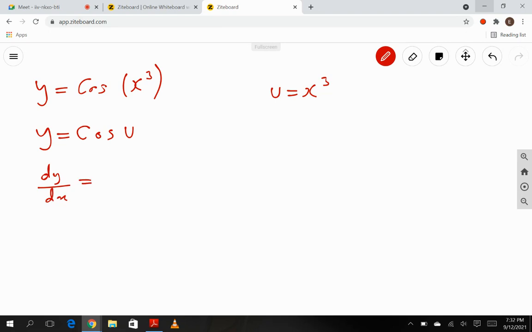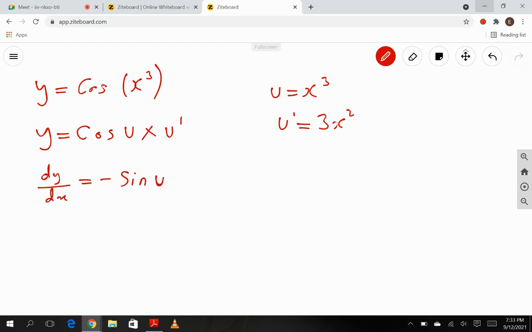So remember the formula is what? We differentiate that, then times what? Times u prime. So meaning we have to find our u prime, or derivative of u. That's going to be 3x squared. So let's differentiate cos. Differentiating cos is minus sine u, isn't it?